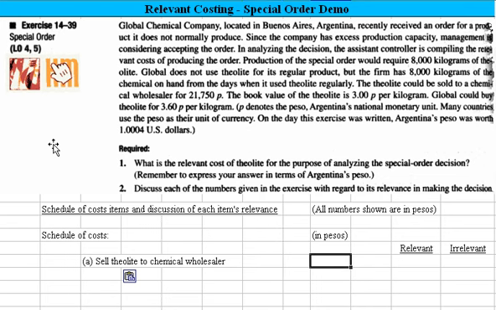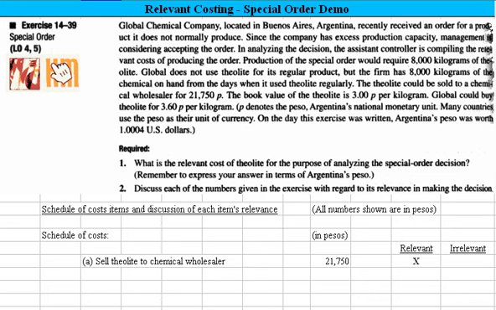The dollar amount is 21,750, and that's all in pesos. Is that relevant? Yes, it is, because in light of this decision, this is a cost that would change. Therefore, it certainly is relevant.